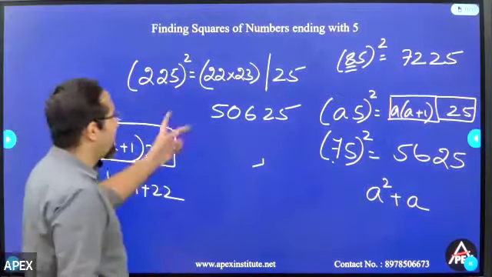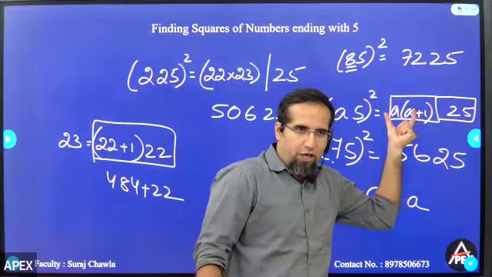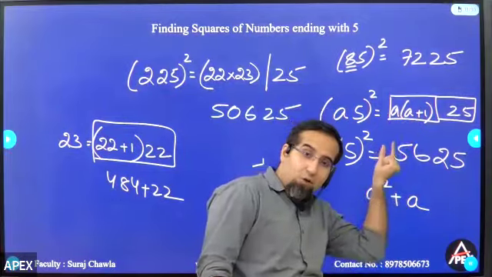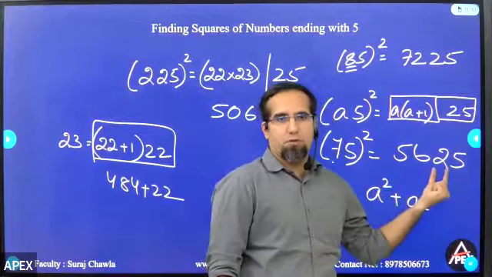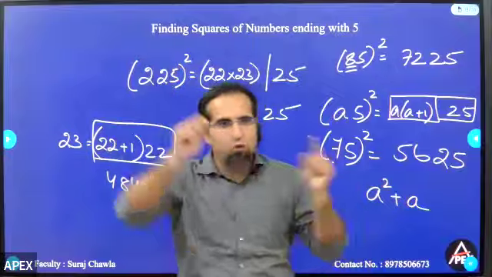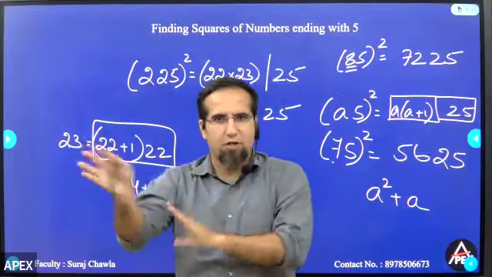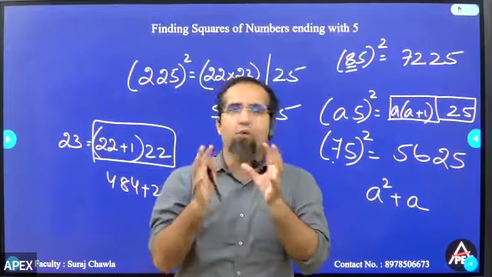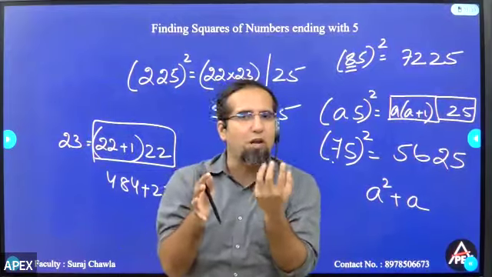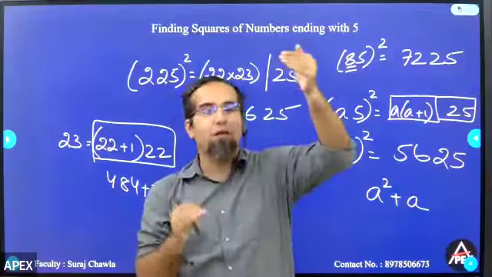So remember this, whenever I'm multiplying two consecutive numbers, it is the smaller number square plus the smaller number. Suppose 23 into 24. Two consecutive numbers. I hope you understand consecutive, one after the other. What is the smaller number? 23. So 23 into 24 is 23 square plus 23.